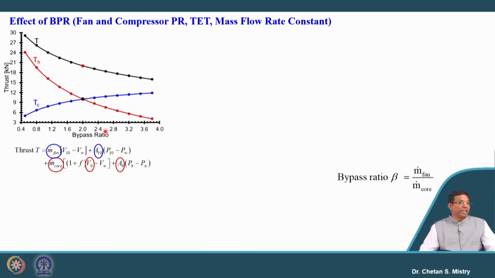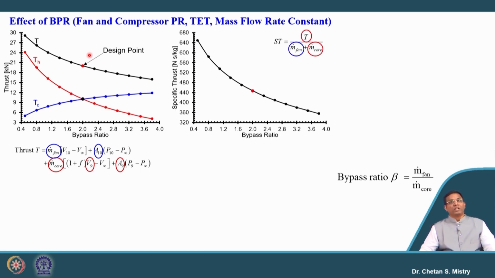It may be varying. If we talk about increasing the turbine entry temperature, it will give me higher thrust in this configuration. Similarly, here my specific thrust is also going to decrease, because my thrust is decreasing and my mass flow rate is constant here.